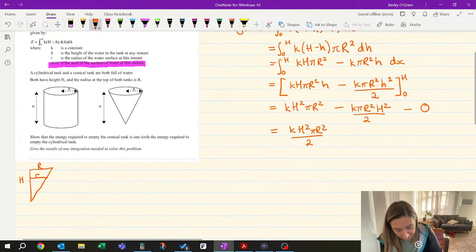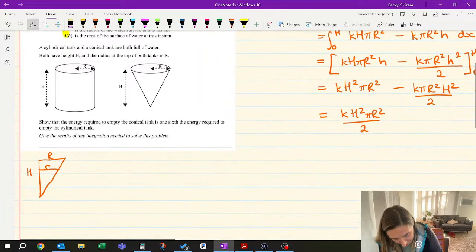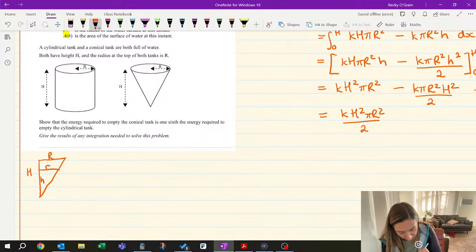That lowercase r we were told in the question just here is the radius of the water as it's going down, and the height as it's going down will be a little h. Okay, now because those are similar triangles, we can find a link between them and express r in terms of h.